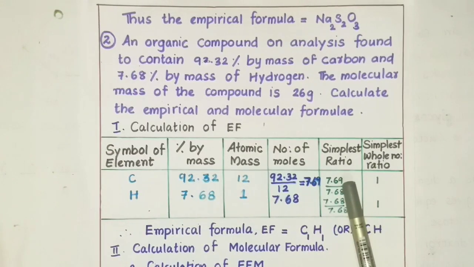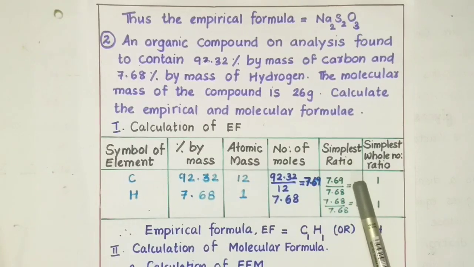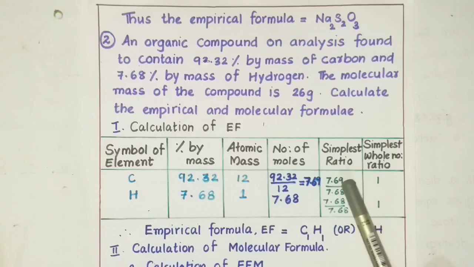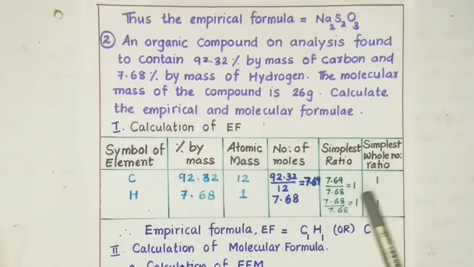Then for the simplest ratio, select the smallest number. Between 7.69 and 7.68, the smallest number is 7.68. So divide these two numbers by the smallest number. Here 7.69 divided by 7.68 is approximately 1.